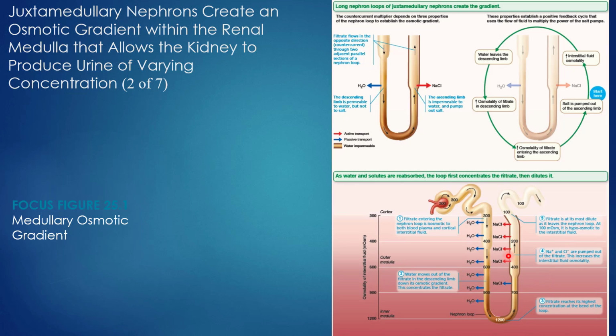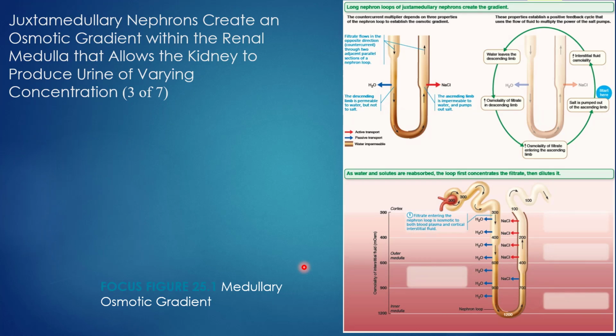So sodium moves in here, so the osmolarity of the interstitial fluid is increased here. Meanwhile, do not forget that while your loop of Henle is the one that would concentrate it, the one that would exchange it is the peritubular capillaries.